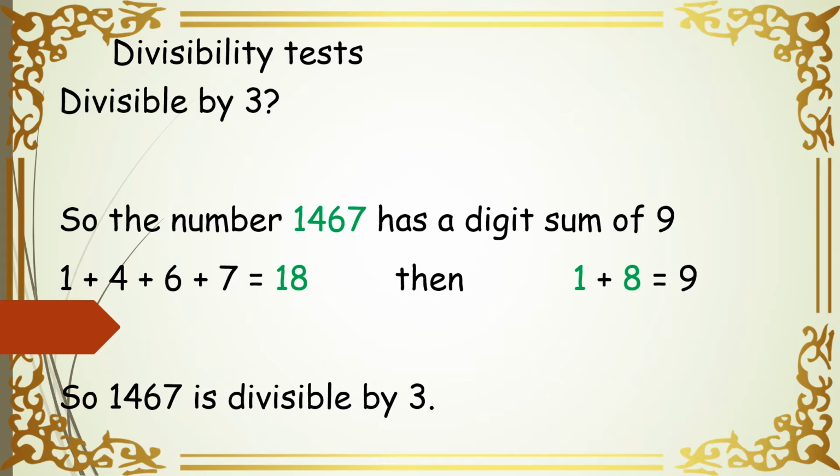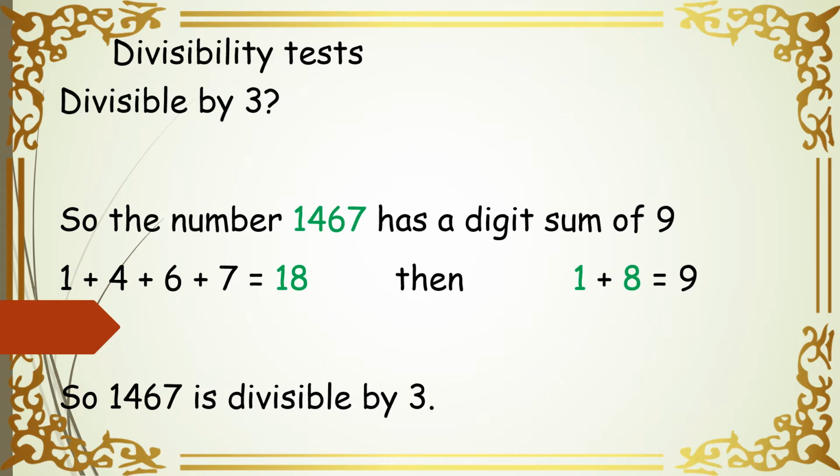It has a digit sum of 9. Now I'll show you how. What is digit sum? 1, 4, 6, 7. This is a 4-digit number, right? We will add every digit: 1 plus 4 plus 6 plus 7.